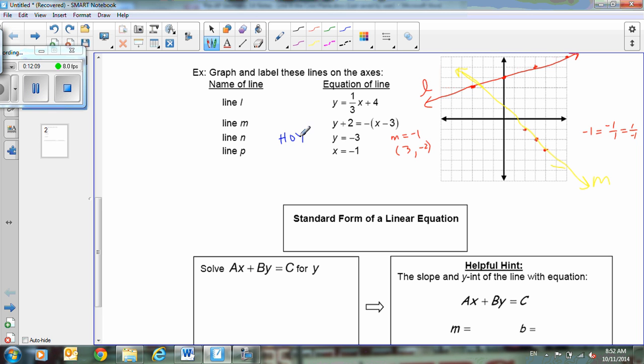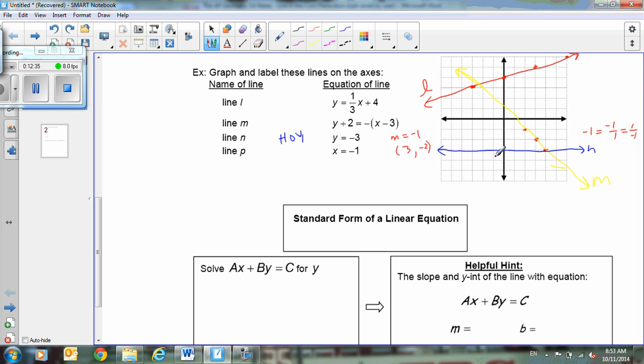It just helps us to remember that horizontal lines have 0 slope and their equations are y equals a constant. So this is going to be a horizontal line. If y equals -3, that means that it goes through -3 on the y-axis. So I'm going to draw a straight line through -3, and that is our line N. So let's label that line.